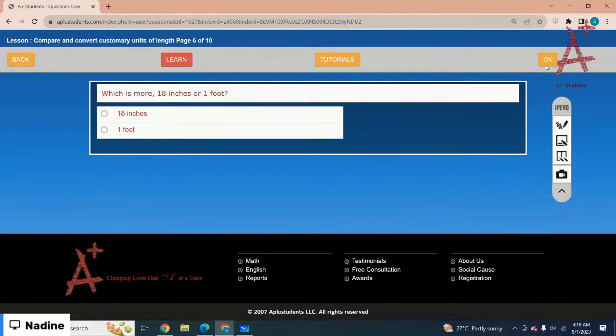Which is more, 18 inches or 1 foot? Which is the correct option? The correct option is 18 inches because in 1 foot you have just 12 inches.